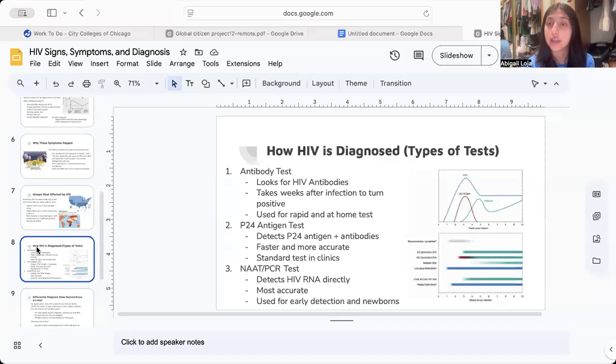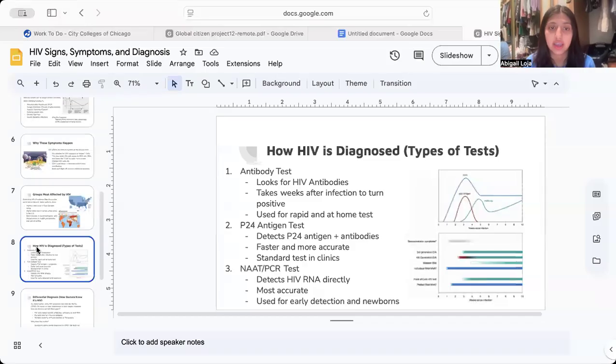So how is HIV diagnosed? For one, there's the antibody test, which looks for HIV antibodies. It takes a week after infection to turn positive, and it is used for rapid and at-home tests. The P24 antigen test detects P24 antigens and antibodies. It is faster and more accurate, and it is like the standard test.